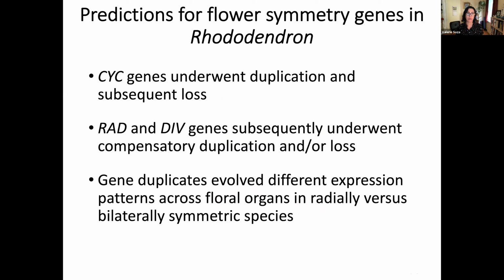And then because cycloidea interacts with radialis and divaricata, we also predicted that we would see duplications and losses in these genes as well in rhododendron. And then we wanted to look at whether or not the copies of each of these three genes, if present, had evolved different expression patterns across the flower organs in radially versus bilaterally symmetric species.